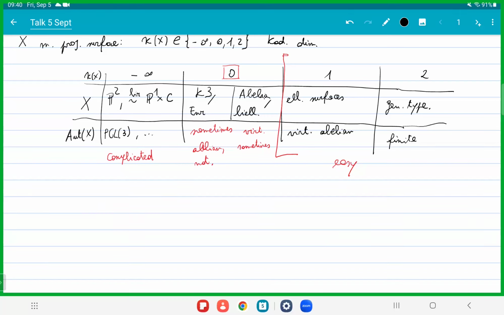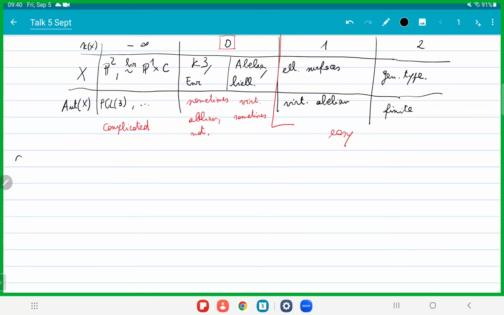And our final goal for today is to understand which K3 surfaces have a virtually abelian automorphism group.